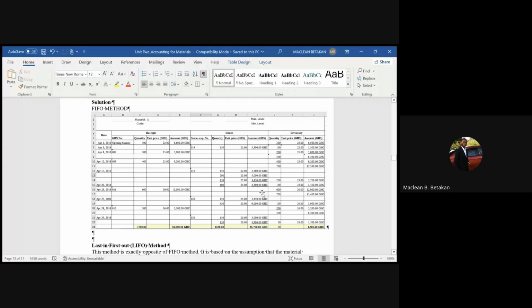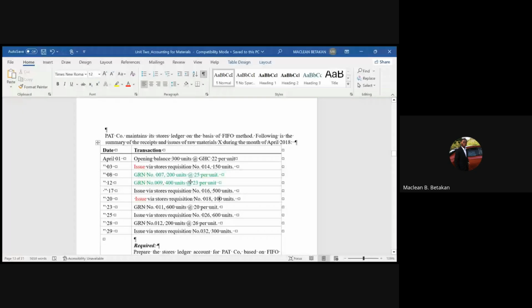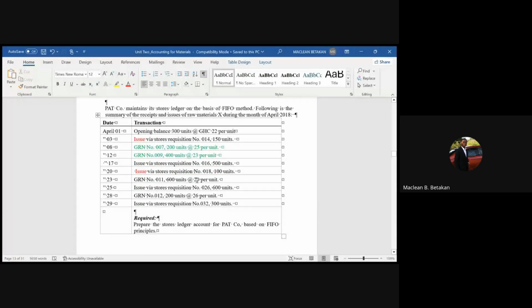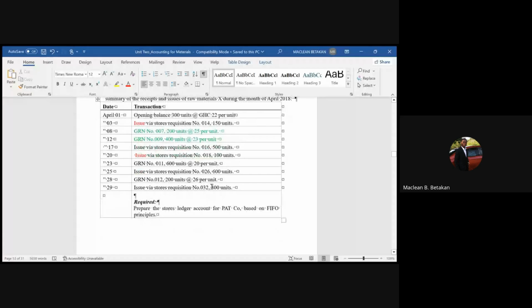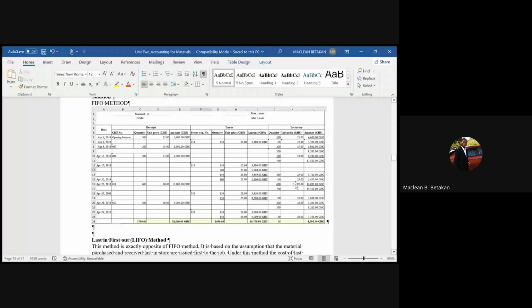Then let's look at the next transaction. After the 20th, we move to the 23rd. On the 23rd, we are receiving 600 units at 20 cedis. So if you are receiving, you go to the receipt column and you will receive 600 units at 20 cedis, and that will give you 12,000.